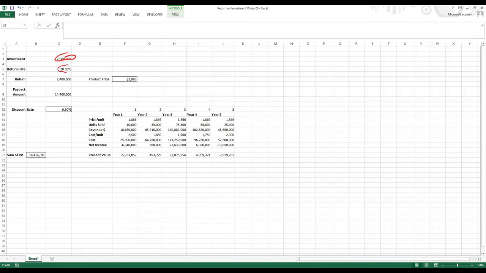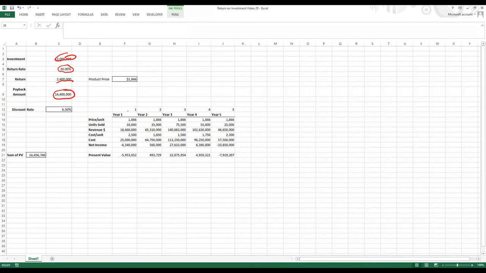We enter our return rate in another cell, and using these two, we can generate the desired return, which is $2.4 million. We can then add that to the original investment, and this gives us the amount that we're looking to pay back by the generation of income.